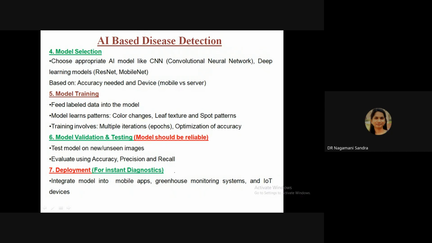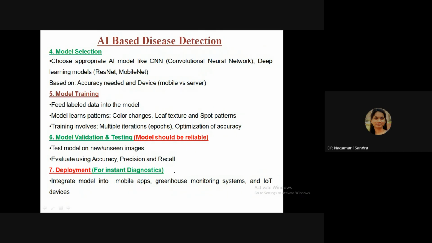So integration of these models into mobile apps or greenhouse monitoring systems and IoT, that is Internet of Things devices. After checking the accuracy, we will integrate these models, like CNN models or deep learning models, into these monitoring systems.